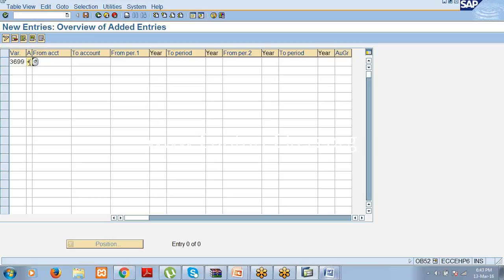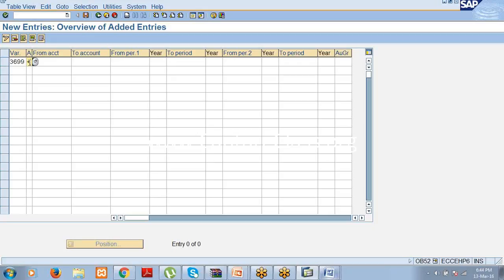Put heading account types. The account types describe the nature of the accounts in SAP.